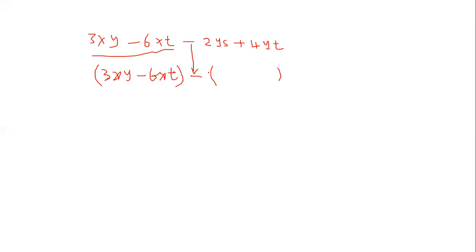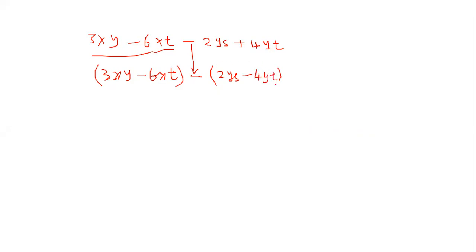When you bring terms into the parenthesis, the sign of the term must be different. So negative 2ys must become positive 2ys, and then positive 4yt must become negative 4yt.